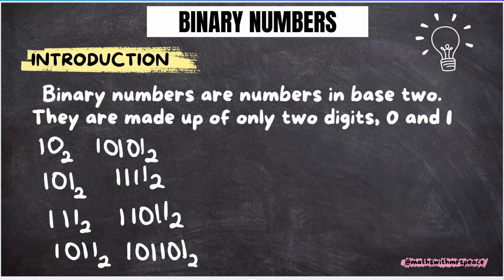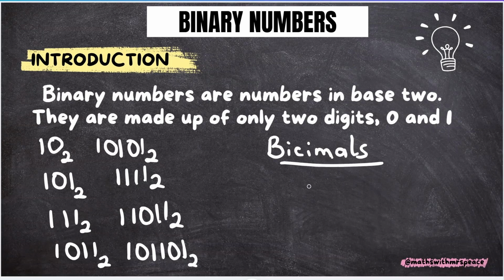And just like we have decimal fractions in regular counting numbers, we can also have binary fractions. And binary fractions are called bicimals. So let's look at some examples of bicimals. We can have 1.01 base 2.